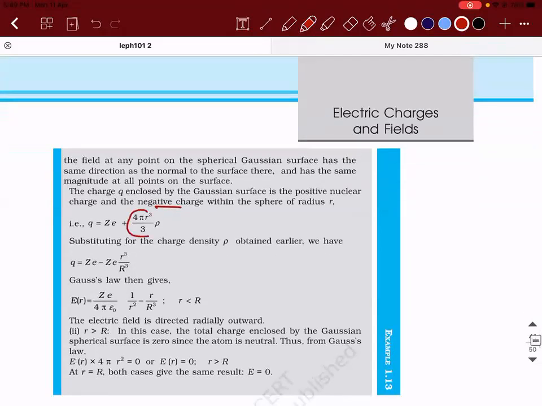If you guys understood what I wrote, 4 by 3 pi small r cube into rho. Rho, what is it defined as? That is ZD divided by. I'm repeating it again. I'm saying minus ZD is distributed over the larger space. So why am I not taking the nuclear charge into consideration?